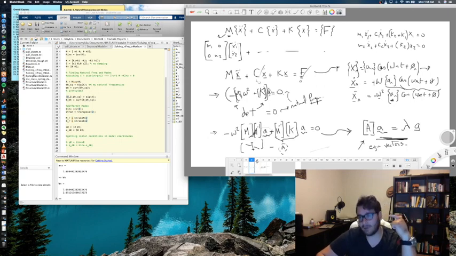That's for the unforced, undamped system. Then your eigenvectors are the mode vectors happening at each natural frequency. You always expect them to be a matrix of degrees of freedom times natural frequencies. Since the number of natural frequencies equals the degrees of freedom, it's always going to be a square matrix.